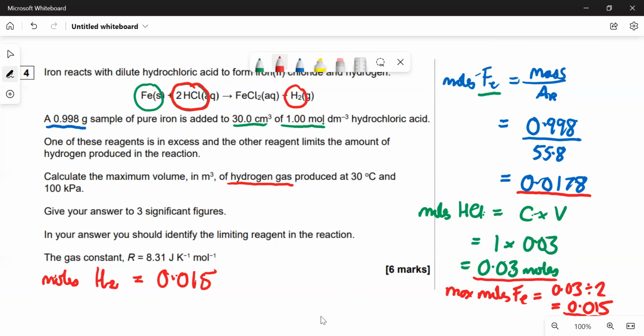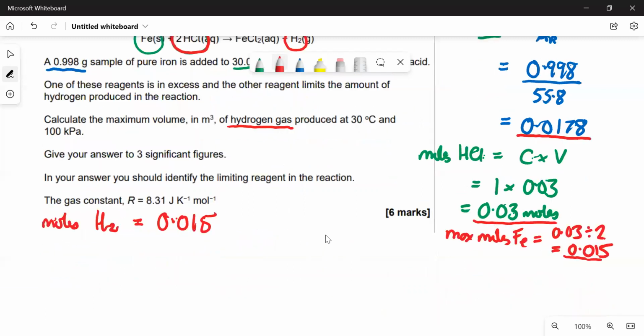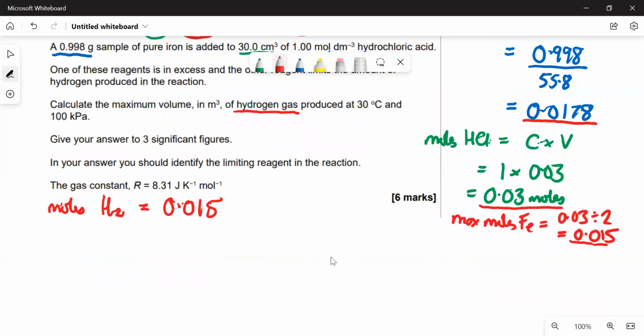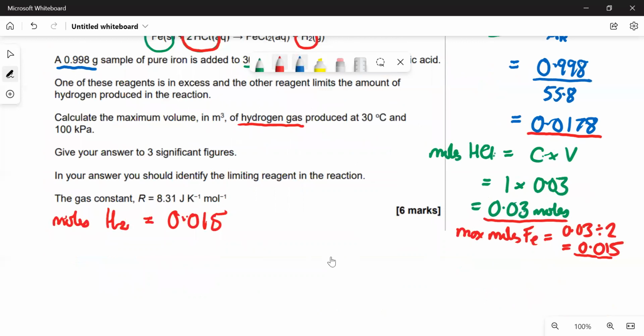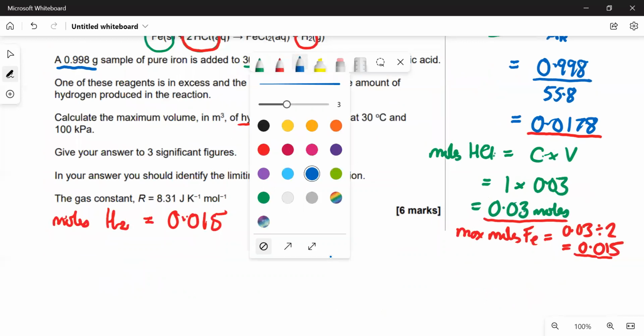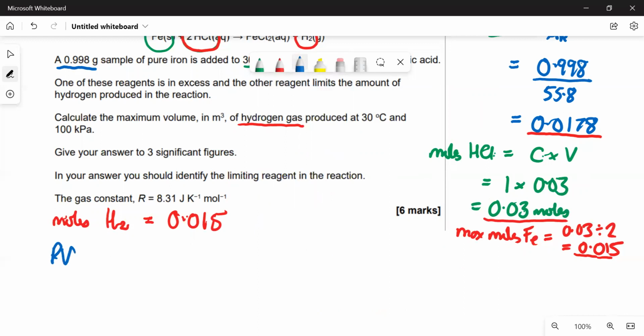Right. So now we have to work out the volume of the gas, so we're going to use the ideal gas equation, PV equals nRT. We need to work out the volume, so rearrange that. We get V equals nRT over P. Ideal gas units are always the problem, aren't they?